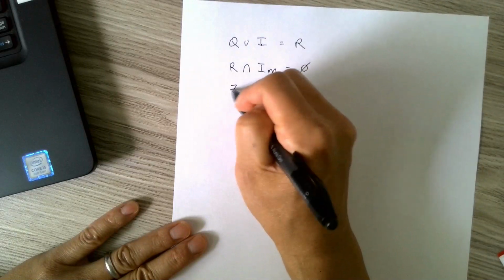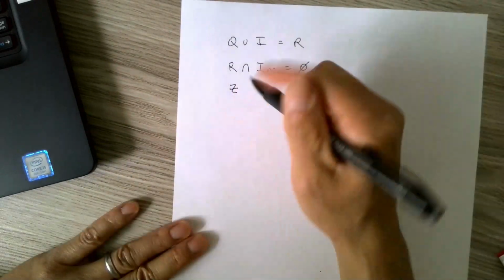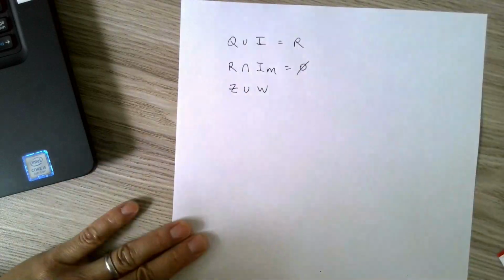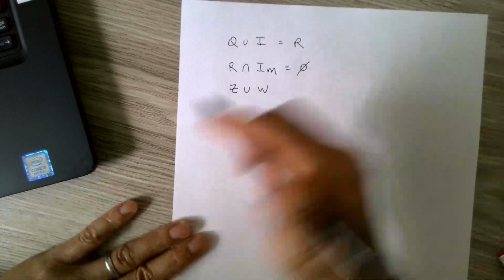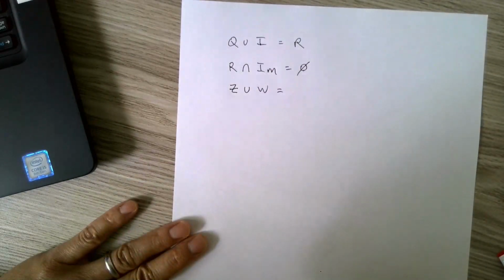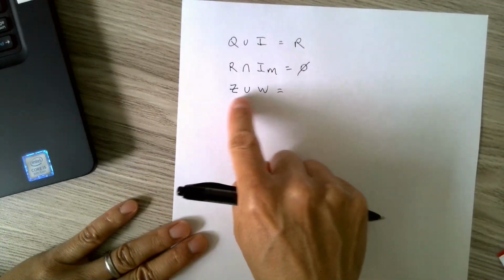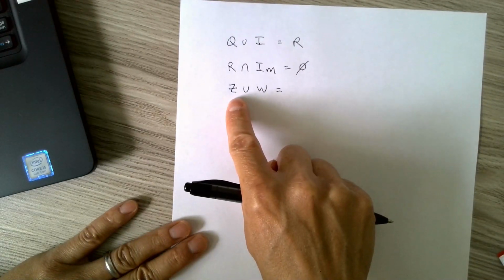Okay, what if I take all the integers, union them with wholes? Now these two sets do share some numbers. The wholes are 0 and all the positive integers, and then Z is all the integers. So if I put them all together, and I only care about the distinct ones that exist when I put them all together, the union is just going to be the same as whichever one of these is the larger set, and that's integers.